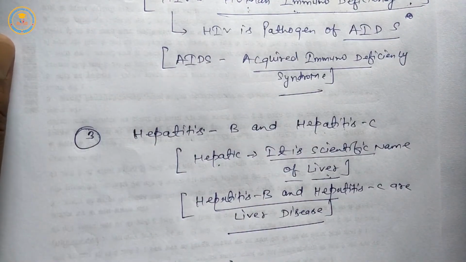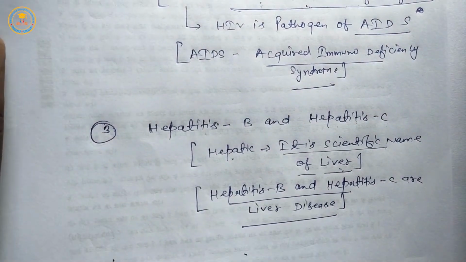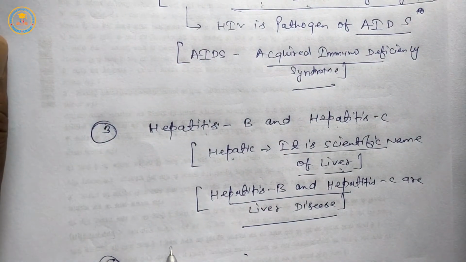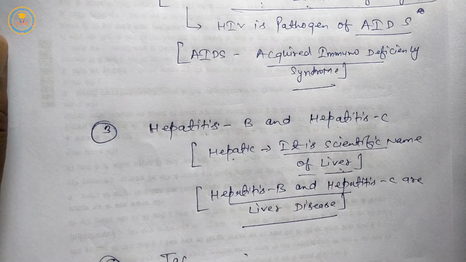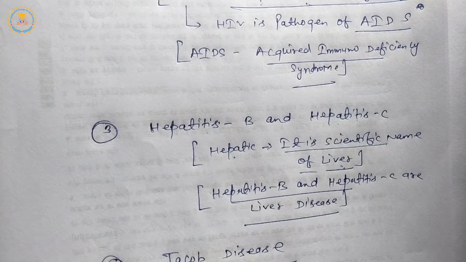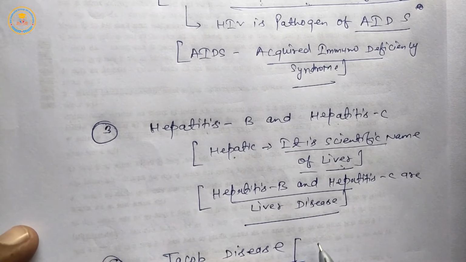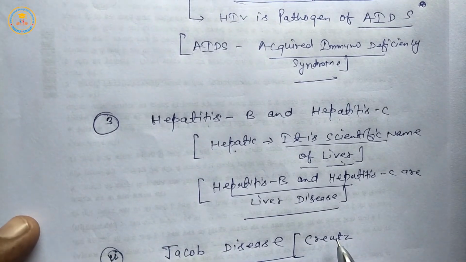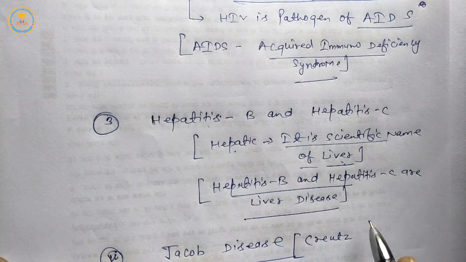Next is Jacob disease, another name is Creutzfeldt-Jakob disease.